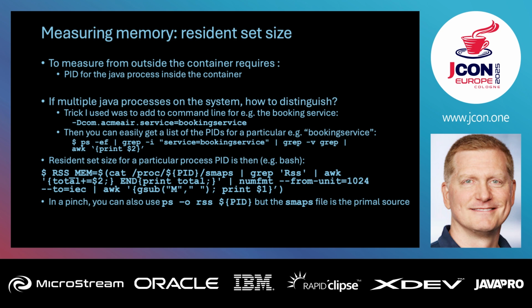So there's a lot of gobbledygook there. You can go and look at the slides afterwards. I'll make them available. Don't bother trying to write it down, or you can take a snapshot if you want. You can also use ps -o rss and pid. But if you read online, sometimes you might get slightly not the right answer from this, so it's always best to look directly in the smaps, because that's reflecting the current state of the residence at that moment in time.